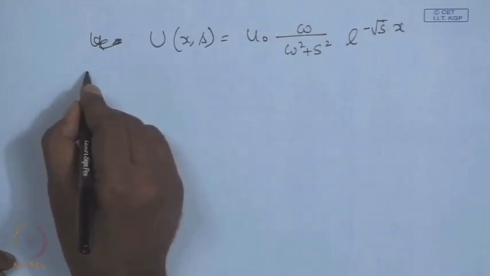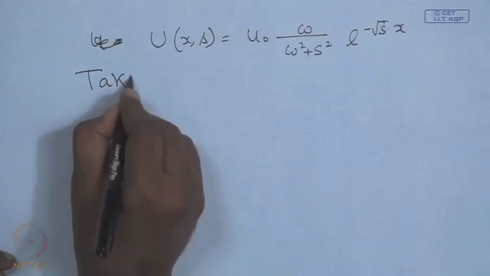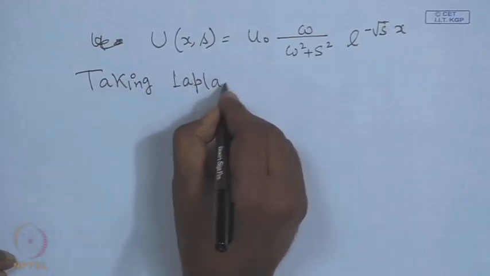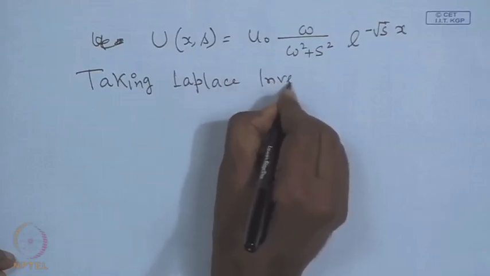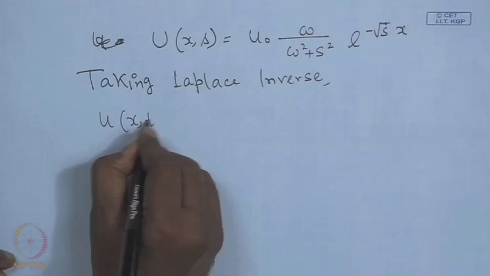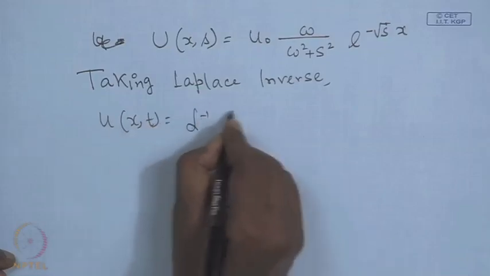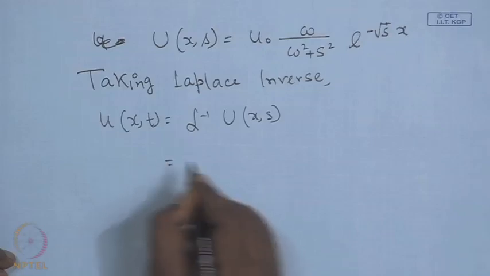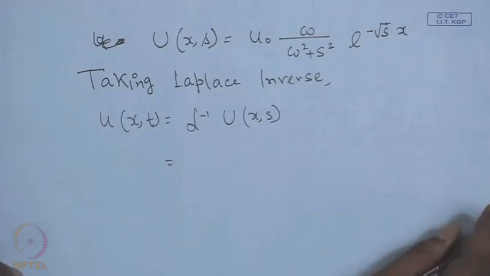So, therefore, you take the Laplace inverse. So, u of x and t becomes the Laplace inverse of u as a function of x and s. So, the inverse is in the t domain.